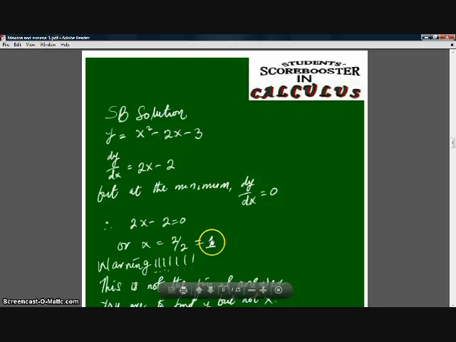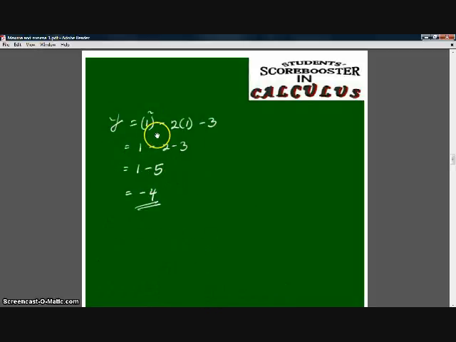Now you have x, so you can substitute for x in this expression, and this is what we are going to get. We have 1 squared minus 2 times 1 minus 3. 1 raised to power 2 is still 1. 2 times 1 is 2, and minus 3. So you have 1 minus 2 minus 3, which is minus 4, and this is the final answer.